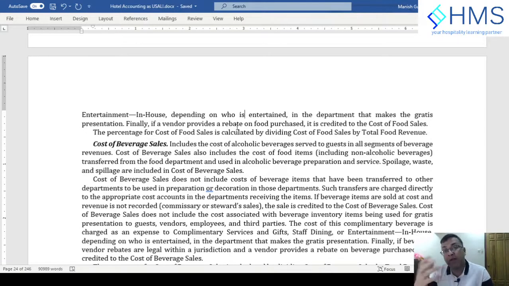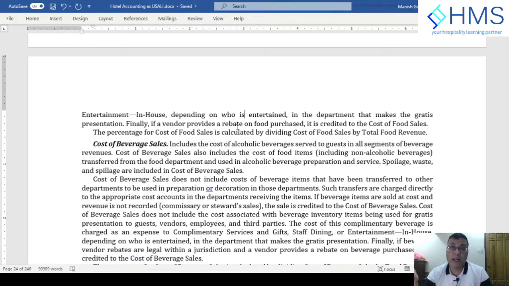The wine is normally carried by the F&B department, so there will be a cost transfer from the F&B department to the rooms department. The important thing here is that the F&B department needs to maintain all types of records of what has been transferred to other departments.